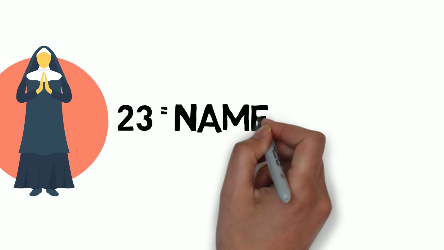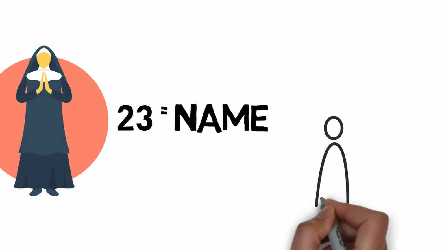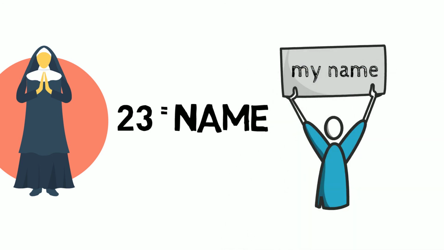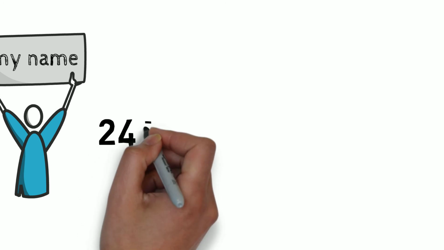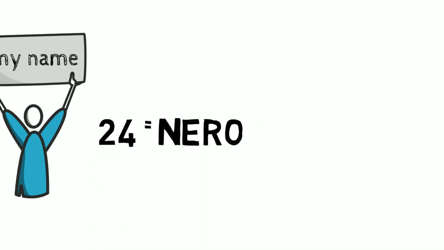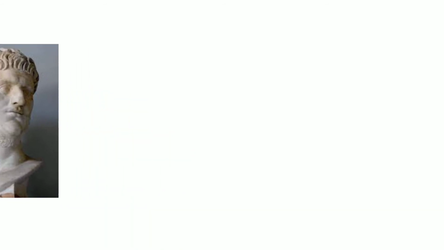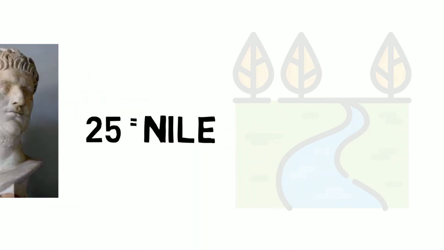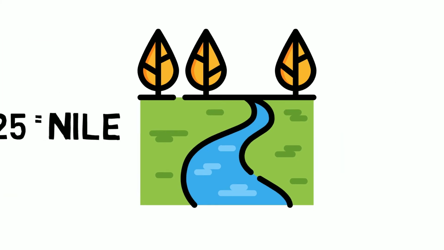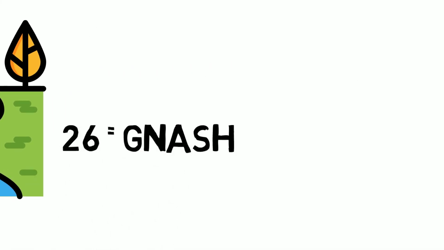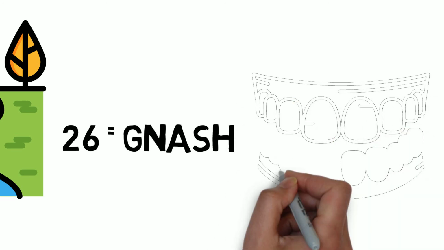Name is my peg word of choice for number 23. I simply picture my own name. For 24, I visualize the Roman Emperor Nero. With 25, I picture myself swimming in the river Nile. For 26, I use the word gnash, and I imagine myself gnashing my teeth out of anger.